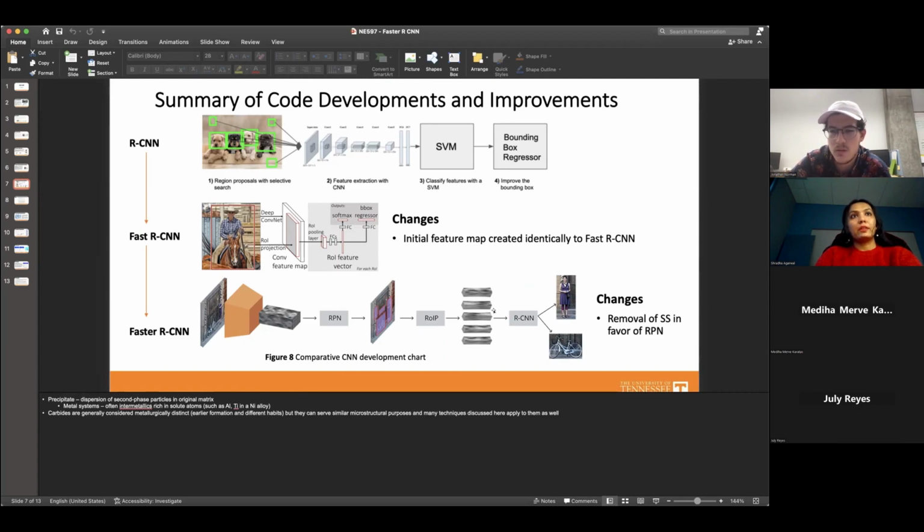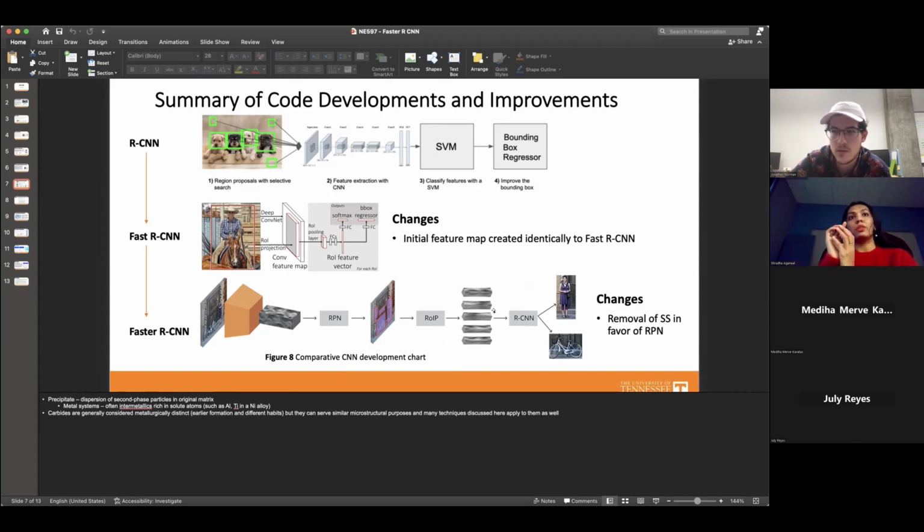So RCNN to fast RCNN, and then to faster RCNN. This looks very attractive to see that in RCNN they had two different branches for classification. In fast RCNN, they're just coupling everything into one operation, so they're just passing it through once.